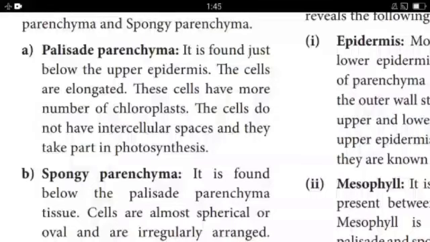It is found just below the upper epidermis. The cells are elongated. These cells have more number of chloroplasts. The cells do not have intercellular space and they take part in photosynthesis.